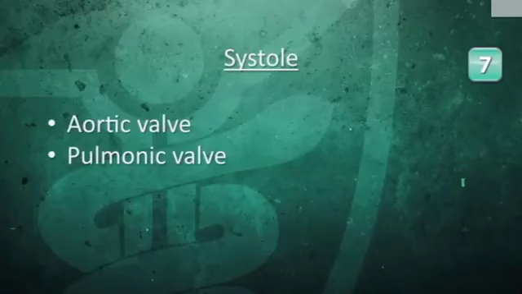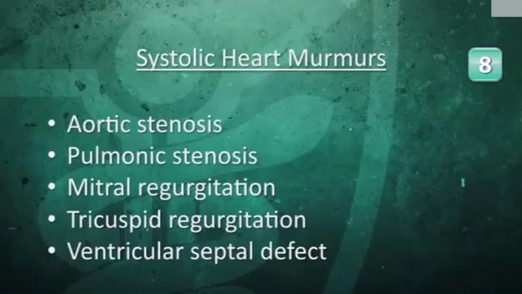So first question, which heart valve should blood be flowing through during systole? Well, that's an easy one, aortic and pulmonic valves. Next question, what are the systolic heart murmurs? Good to memorize all these. Aortic stenosis, pulmonic stenosis, mitral regurgitation, tricuspid regurgitation, and ventricular septal defect.